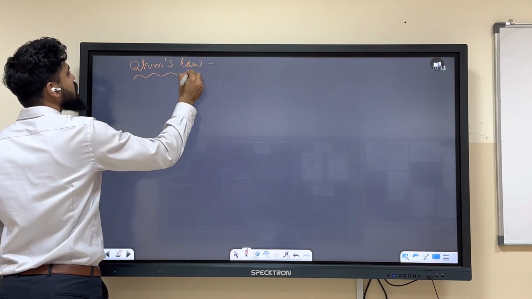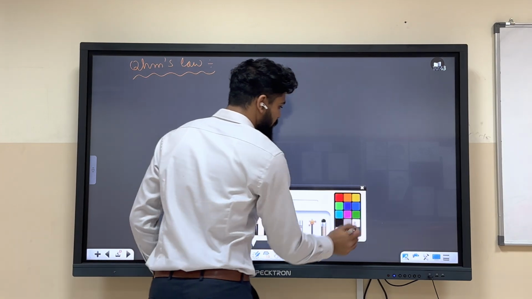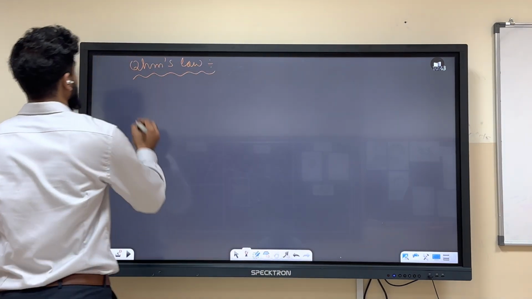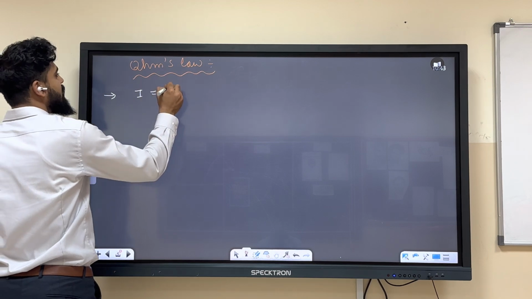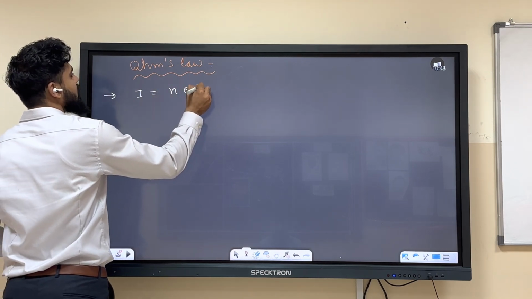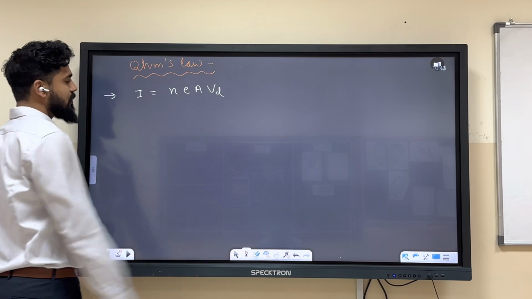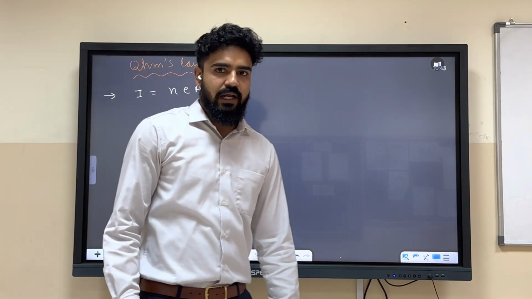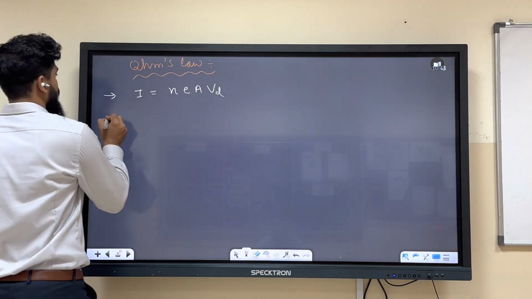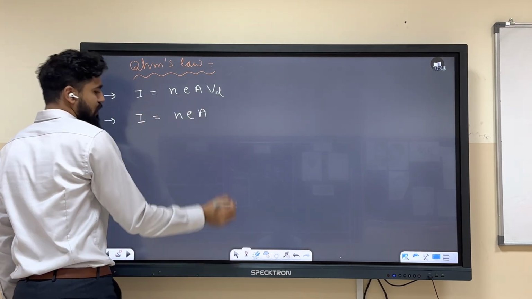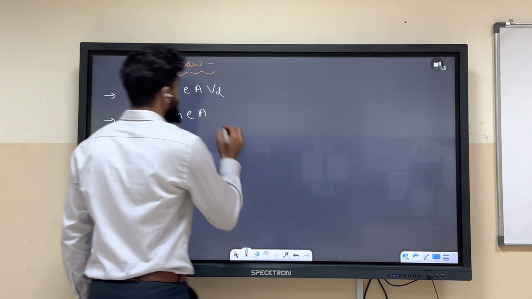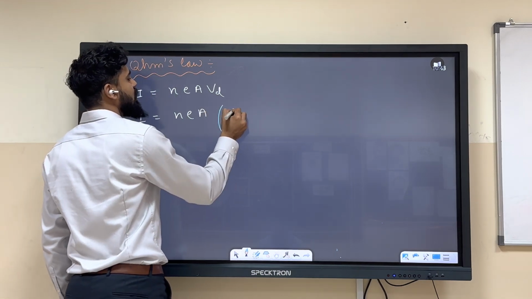Ohm's law. Look carefully. I is nothing but nevA. Now can we write vd, or drift velocity, as eEτ by m?